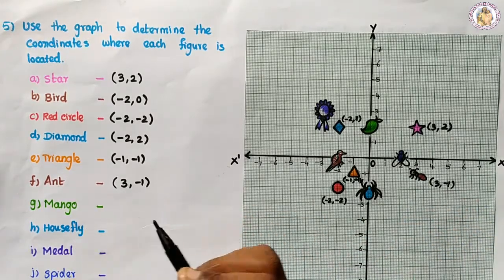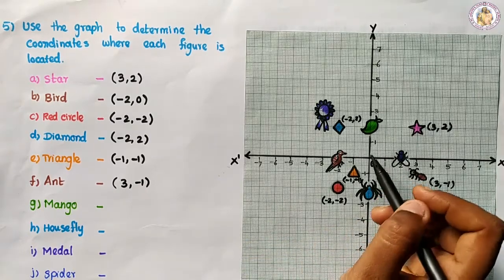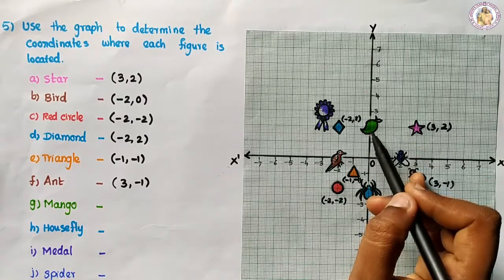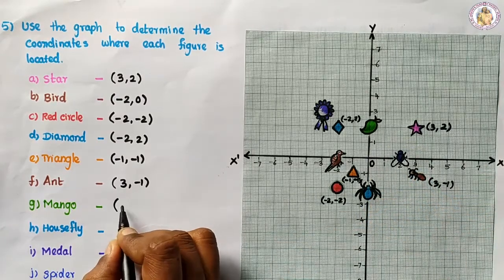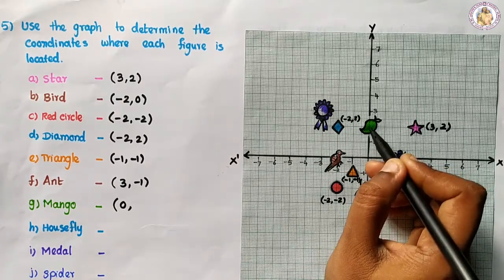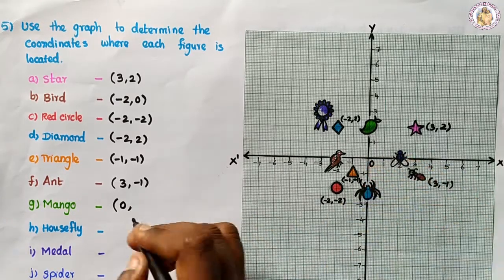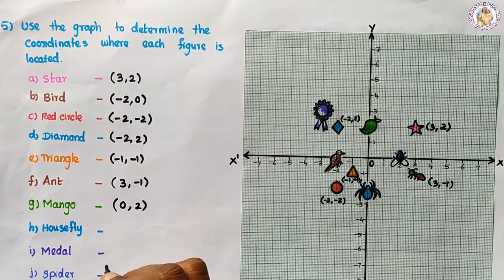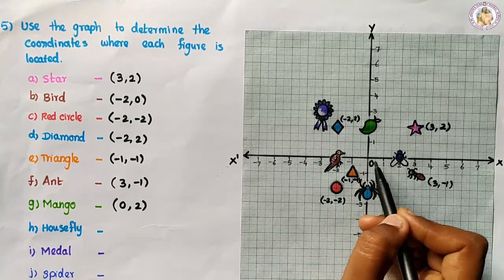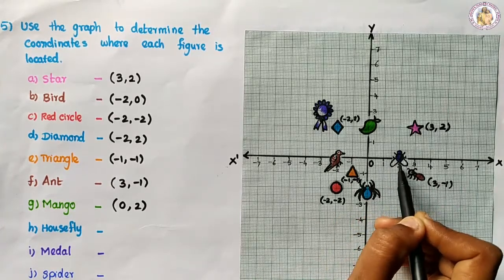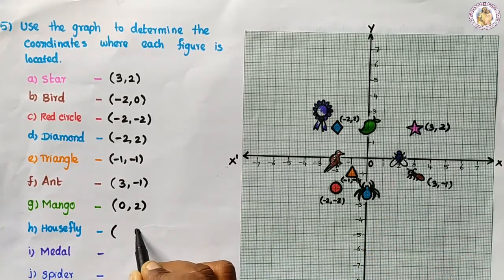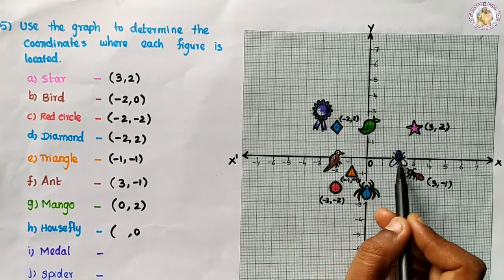And then mango. Mango is located on the y-axis. So x-axis is 0. Y-axis, which number is here? Plus 2. So 0 comma 2. And then housefly. Housefly is located on the x-axis. So y-axis is 0. X-axis number is 2.